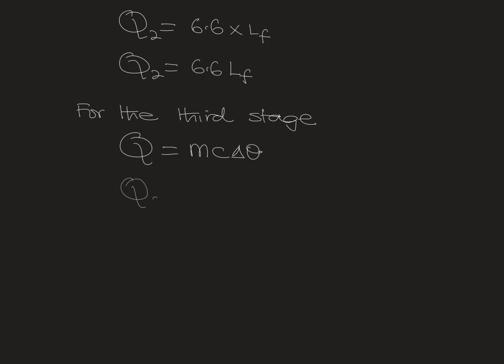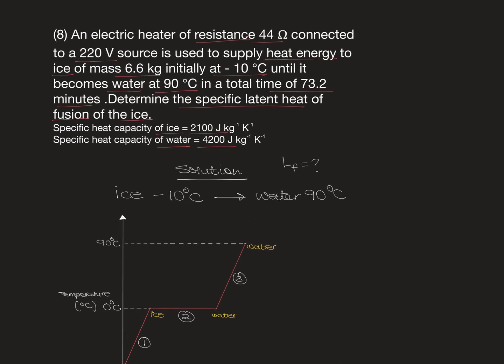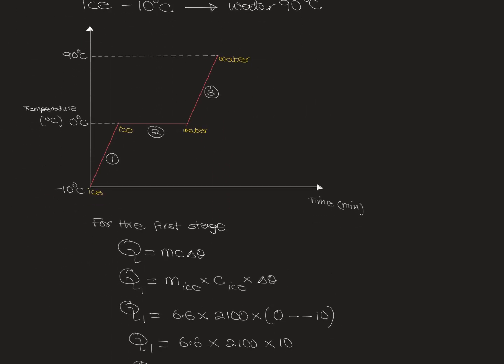So we can say Q3 is equal to the mass of the water times the specific heat capacity of the water times the change in temperature. So Q3 is equal to the mass of the water, 6.6 kilograms, times the specific heat capacity of the water, which is given as 4,200 joules per kilogram per Kelvin.